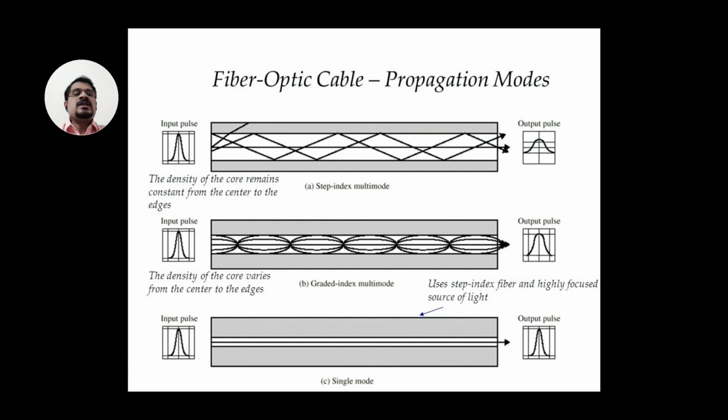So based on that, multiple signals are going to be transmitted. In multi-mode fibers, multiple signals are transmitted, whereas in single mode, only one signal travels from the transmitter to the receiver side. Here the step index fibers use a highly focused source of light only.